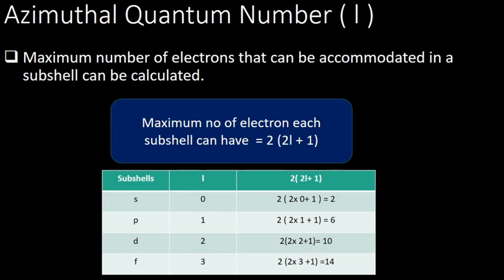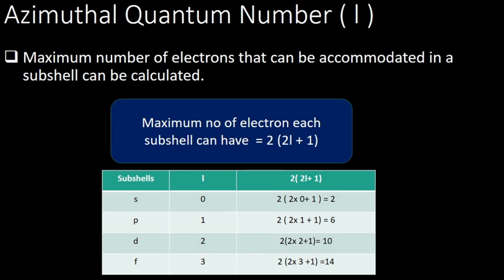So, how many electrons can occupy S, how many electrons can be accommodated in P, in D, and in F at maximum? We can calculate it by the expression 2 into 2L plus 1.